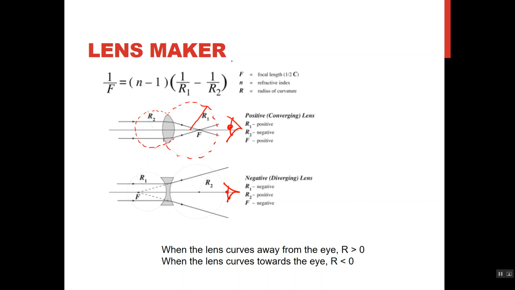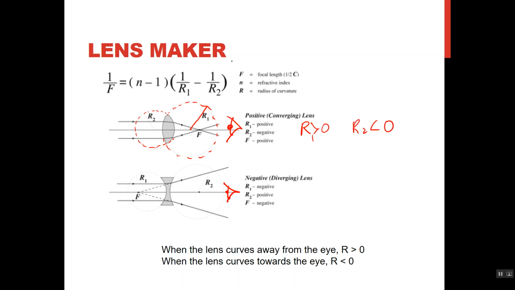R1 is curving away from the eye, whereas R2 is curving towards the eye. So R1 is positive, R2 is negative.